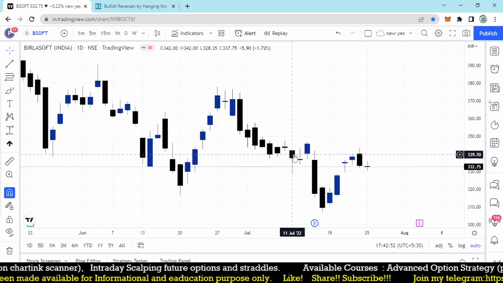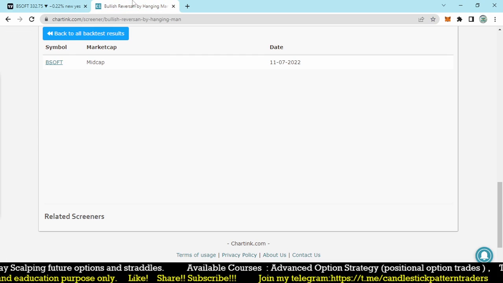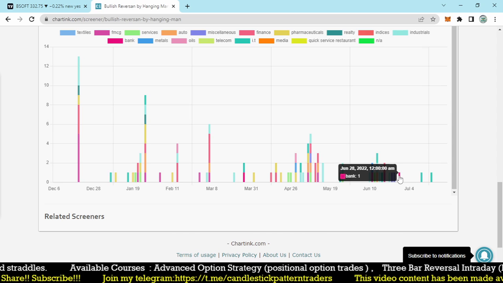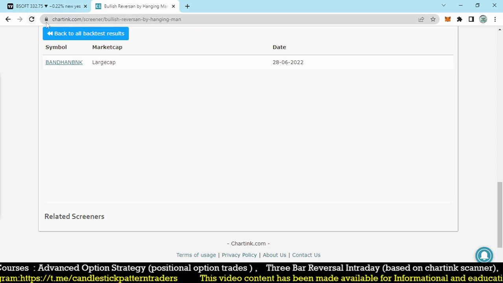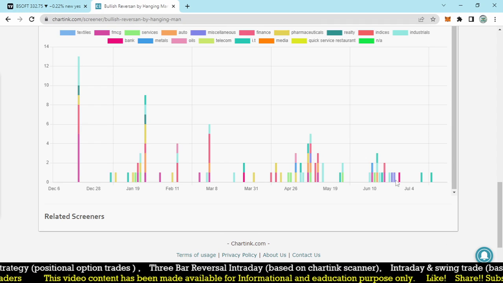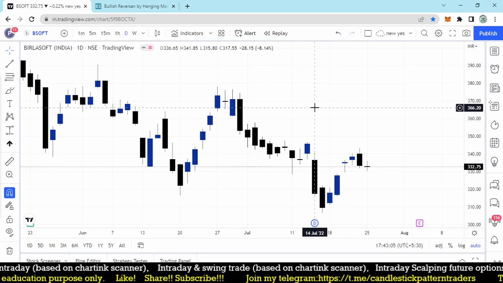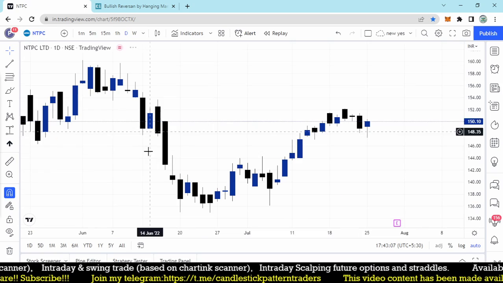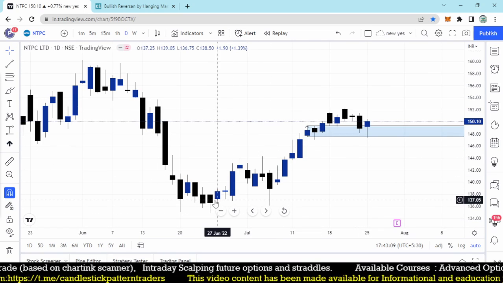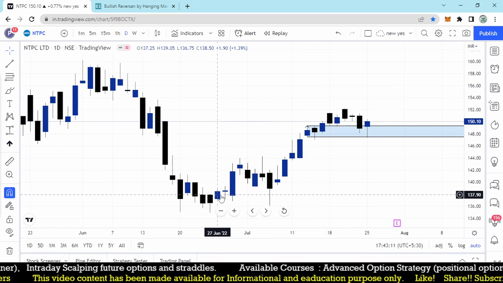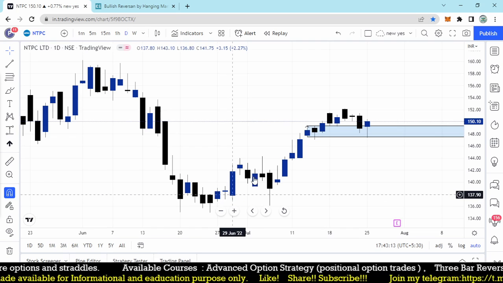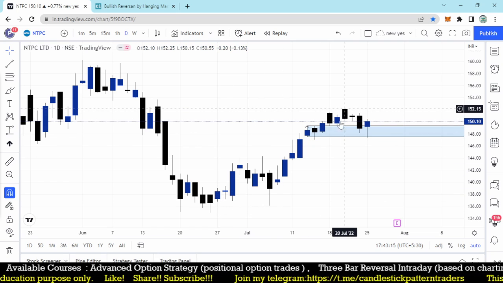I think this was the day, but it was a stop loss. No problem. And previously we saw Bandhan Bank, that is already seen 28.6. Here NTPC on 24.6. So you can change the time frame. NTPC 24.6, from here it went huge, 139 to 152.